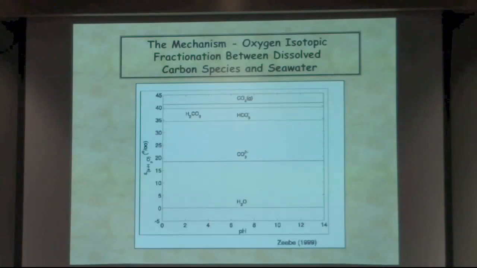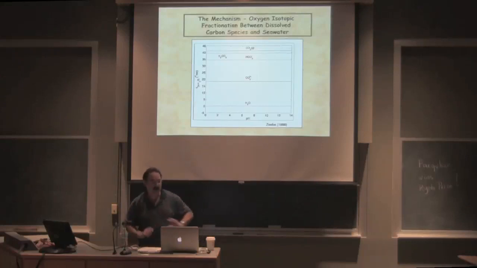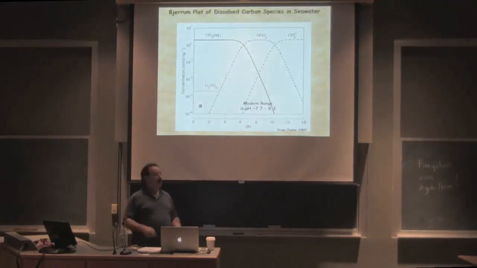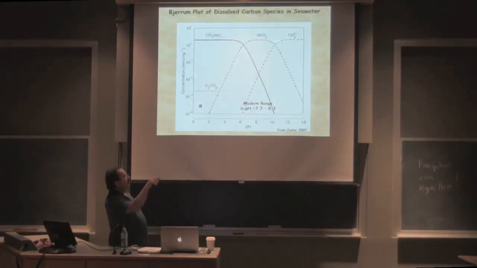So what happens when an organism calcifies? What Richard reasoned was, if an organism takes a vacuole and takes a sample of the water that it's living in, that water is going to be composed of some amount of carbonate and bicarbonate depending on the pH of the water.